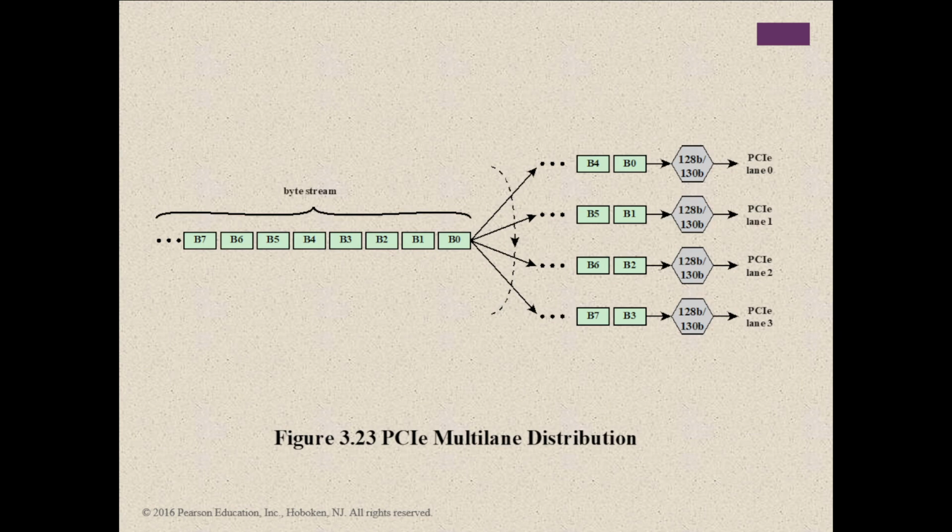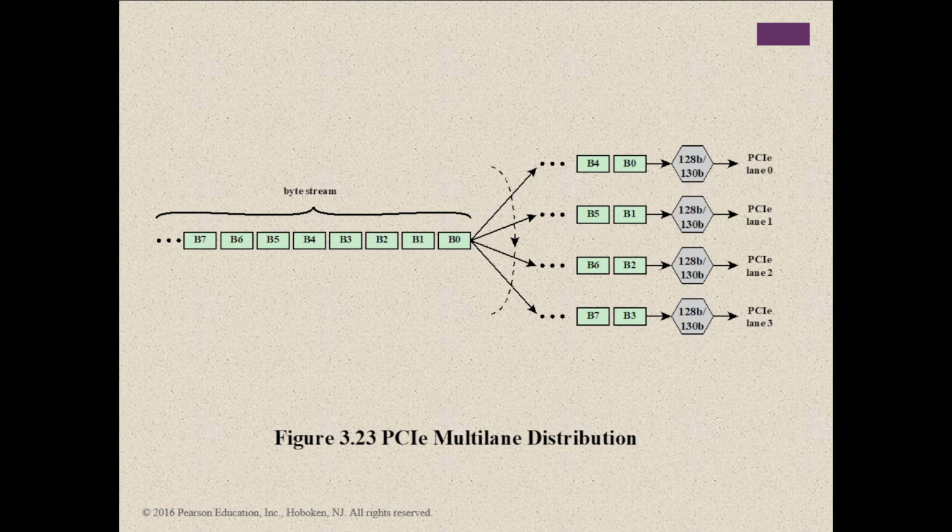Each block of 128 bits is encoded into a unique 130-bit code word for transmission. This is referred to as 128 bits over 130 bits encoding. Thus, the effective data rate of an individual lane is reduced by a factor of 128 over 130.